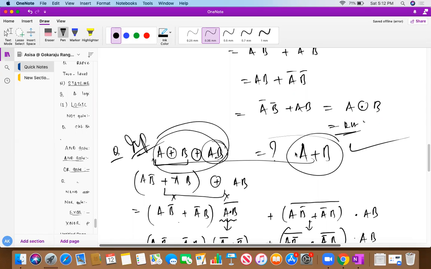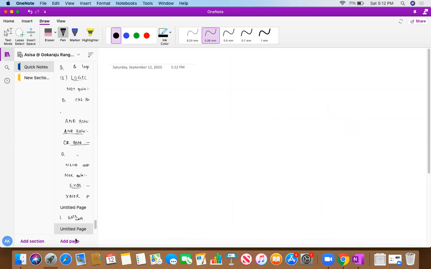So we'll do one last question, then we'll leave it for today's class. The question is one of the very important questions, students. So try to understand. In the given circuit, let's say the circuit is like this. Check it. So this is A, this is B bar. Similarly, another thing is given here.